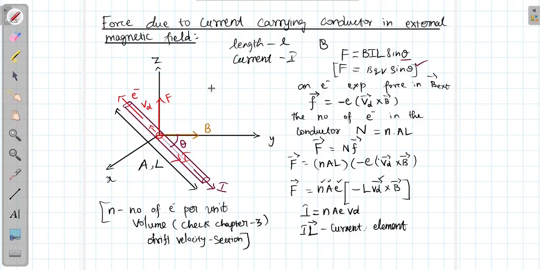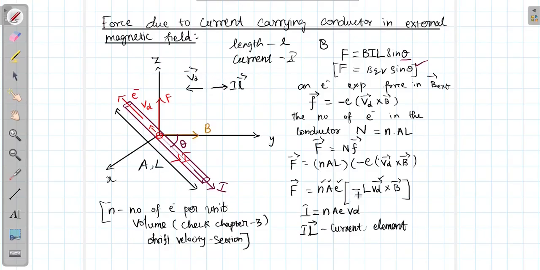Whenever you discuss current, it is not a vector quantity. Current is a scalar quantity. Therefore, if you want to write current in terms of vector, you have to multiply current with the length element, I into L vector. Whenever current is in the forward direction, the velocity is in the opposite direction. So they are opposite.